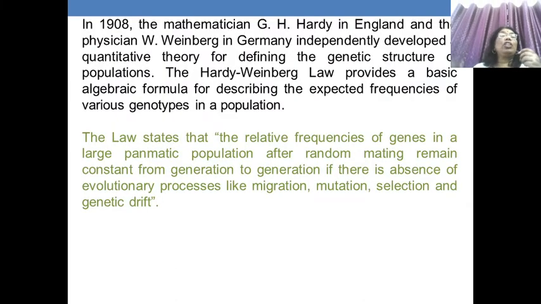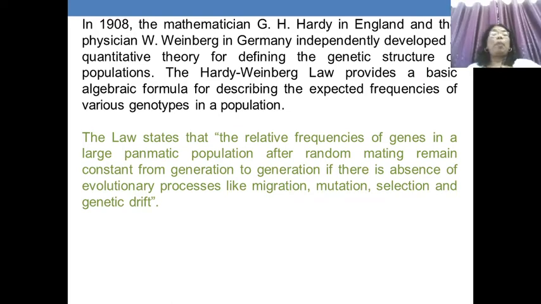In 1908, the scientist G.H. Hardy, who is from England and is basically a mathematician, and another scientist W. Weinberg, who belongs to Germany and is a physician, both studied independently and developed a quantitative theory for defining the genetic structure of a population. That genetic structure of a population is later known as the Hardy-Weinberg law.